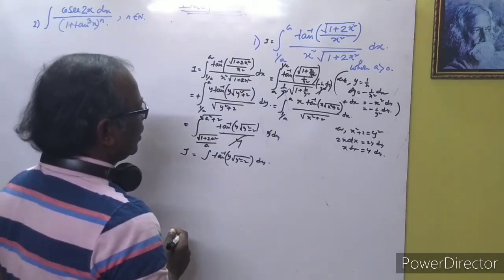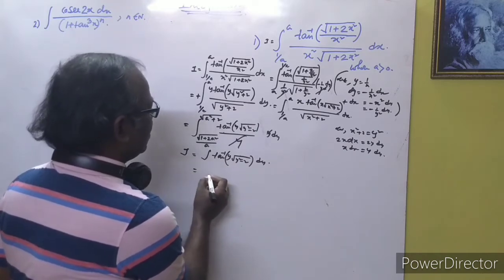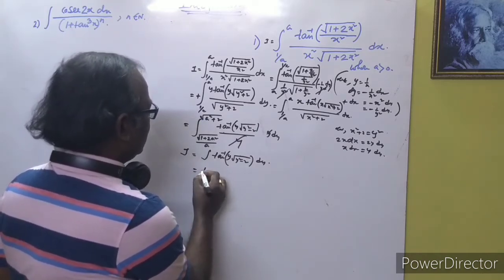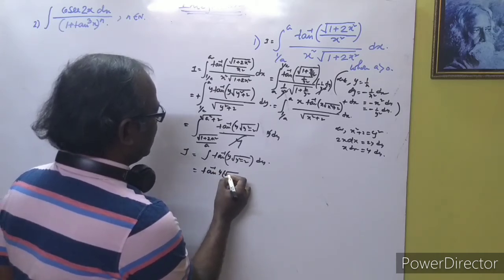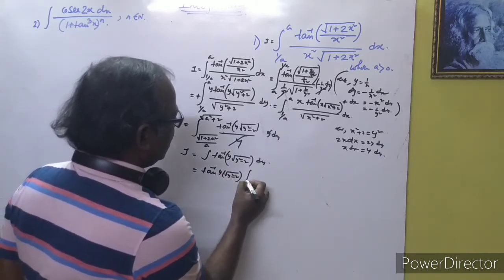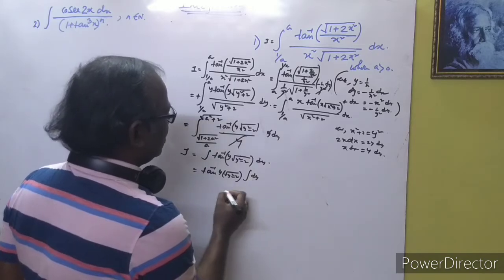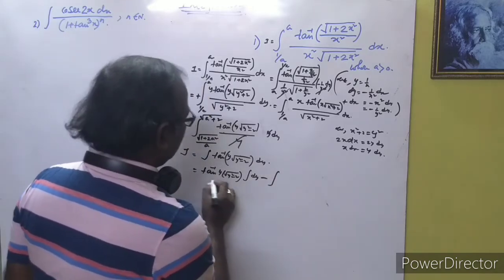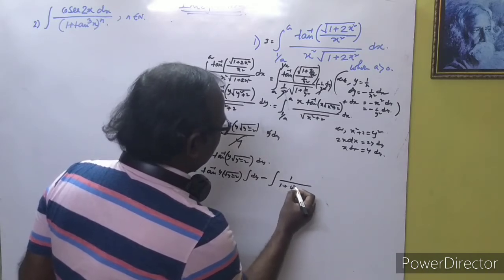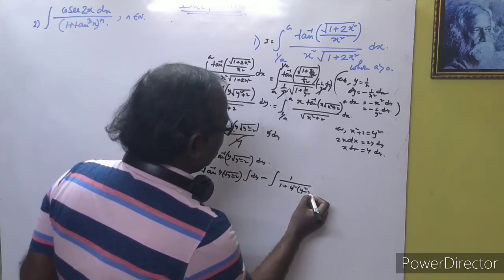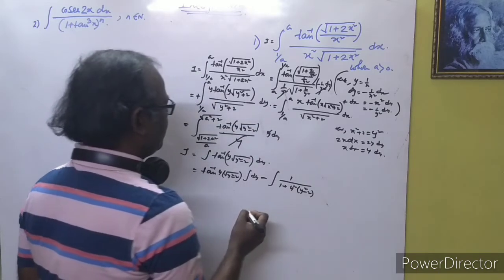Okay. From that, this is as a first function, integration by parts. Okay. This is dy. Differentiate this. So 1 by y square and y square minus 2.